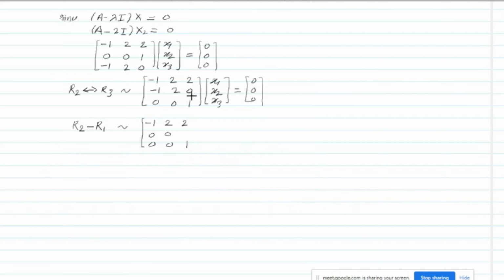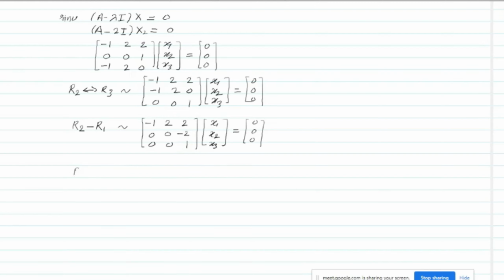And this becomes minus 2. And write down x1, x2, x3, which is equal to 0, 0, 0. Now we want to make this 0 by using this.